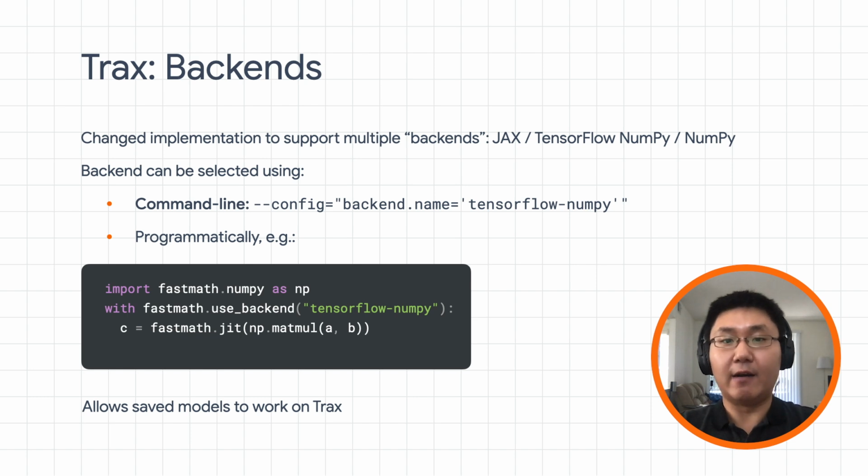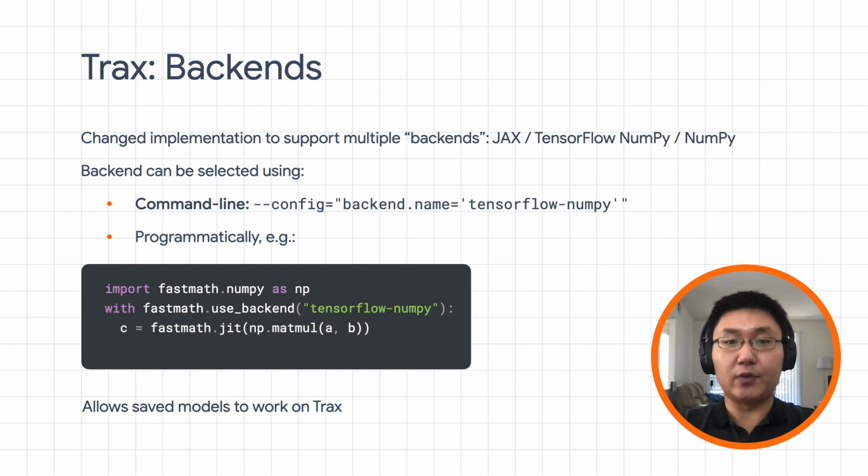So they have very great flexibility when they train their model. The reason we can achieve this is that Trax only uses a well-defined API surface, and those APIs are supported by both JAX and TF NumPy.